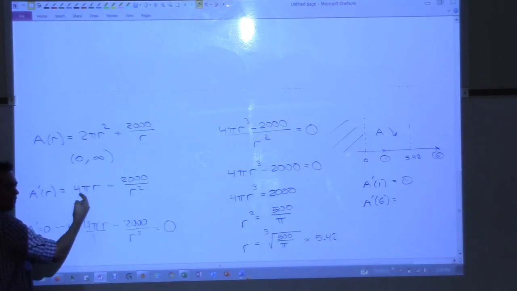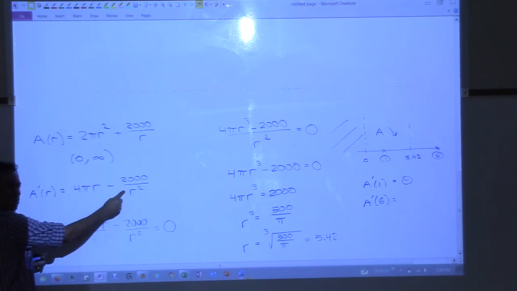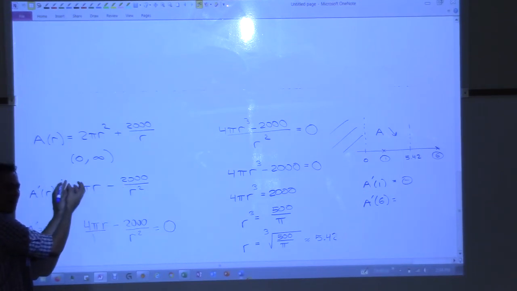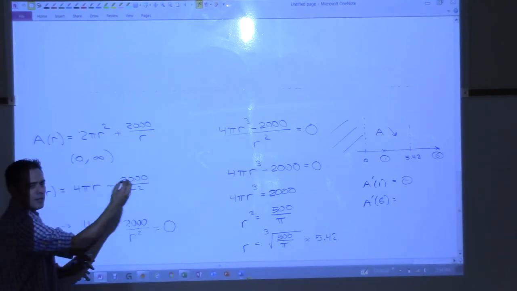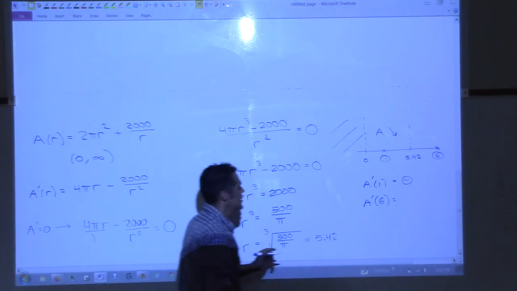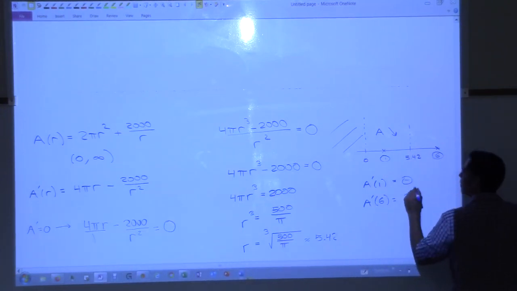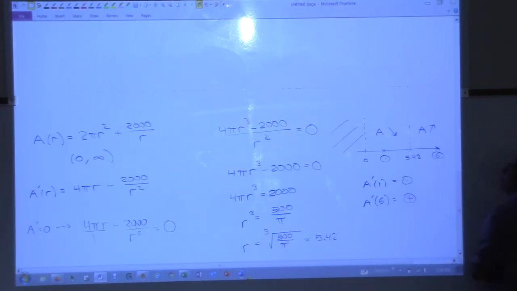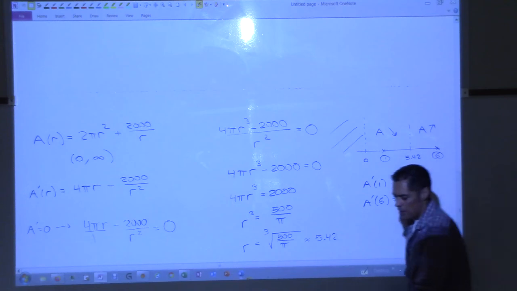This would become infinite, and that would go to 0. So you'd have something positive infinity, right? So without even plugging a number in, you can see what's happening way out to the right. It's positive though. So that means our original function is going up over there. Looks like we found a local min, right?